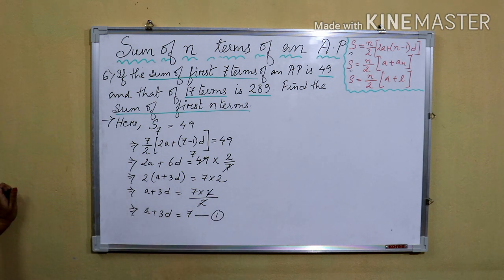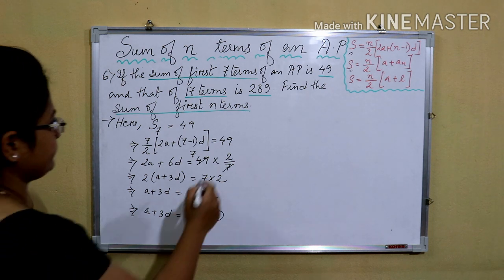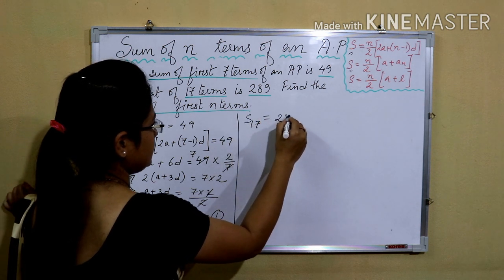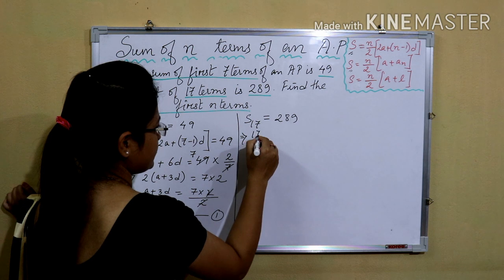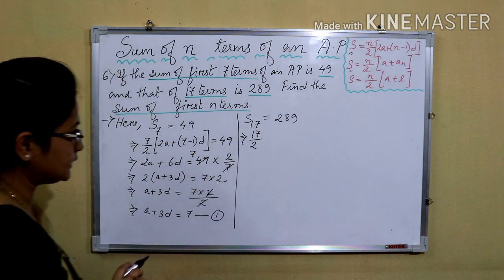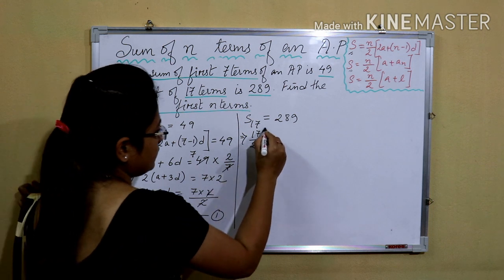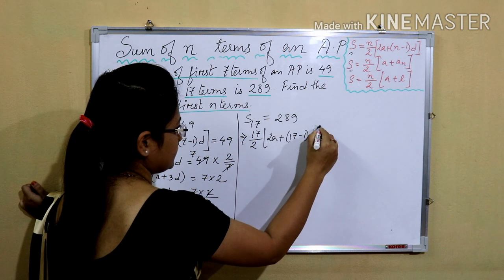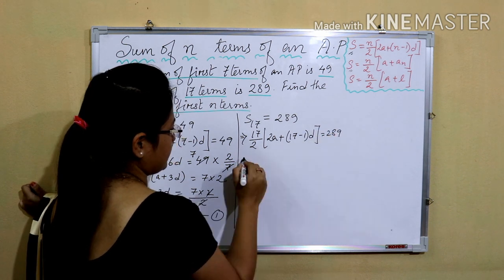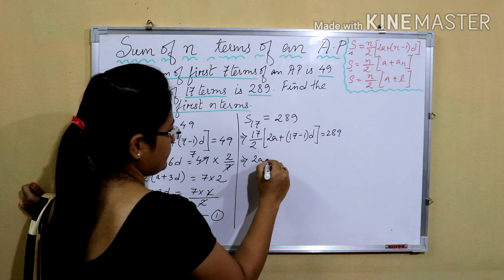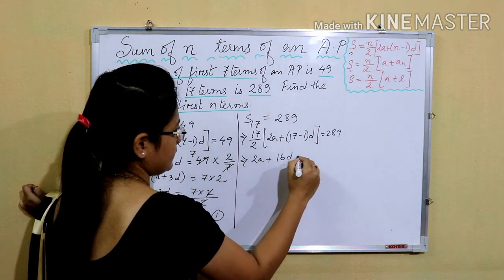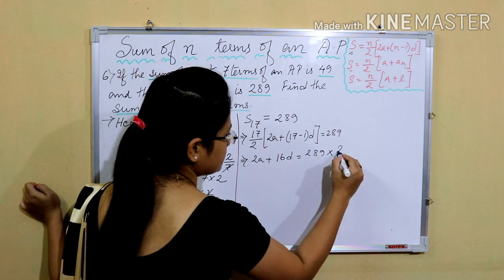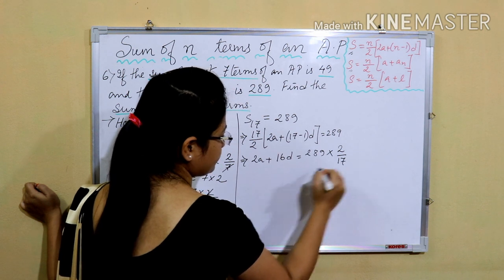Next, the sum of 17 terms is 289. That means S17 is 289. So 17 by 2, that means in this case your n is 17. 2a plus (17 minus 1) d equals 289. So 2a plus 17 minus 1 will be 16d, 289 into, 17 by 2 goes as the reciprocal 2 by 17.